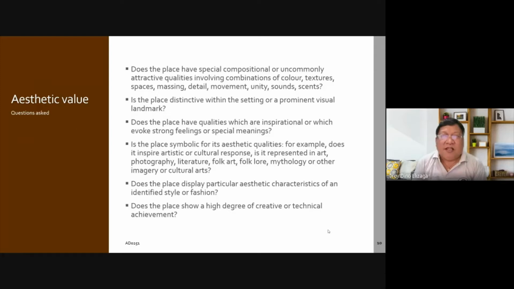No? Is the place distinctive within the setting or a prominent visual landmark?